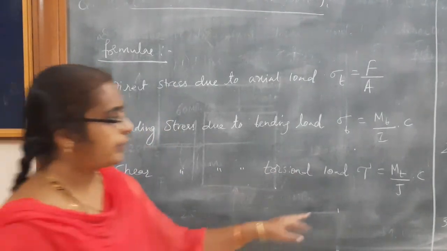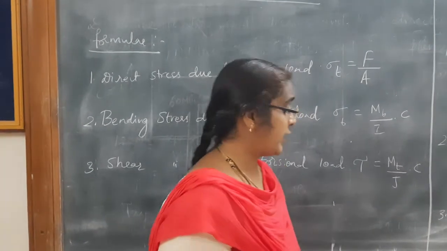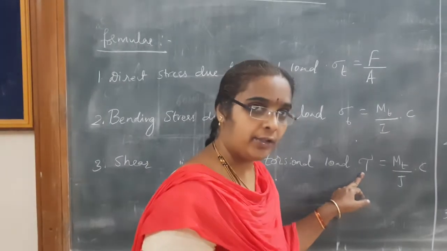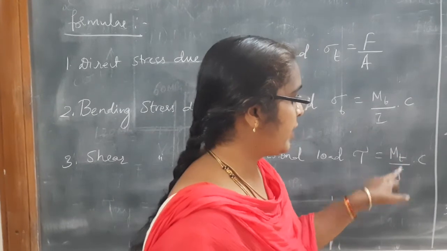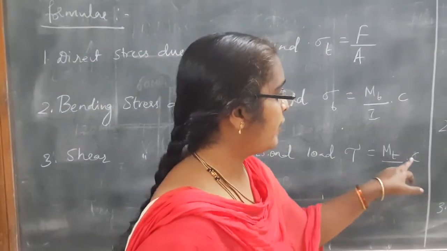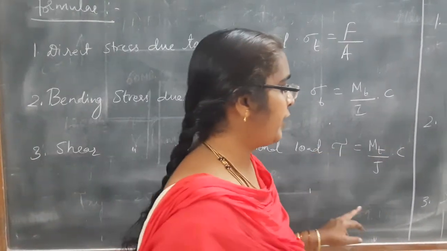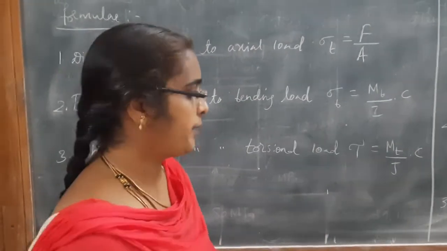It can be calculated as tau is equal to Mt by J into C. Tau is the shear stress due to the torsional load. Mt is the torque induced. J is pi by 32 d to the power of 4 for circular objects. As we know, C is nothing but d by 2.